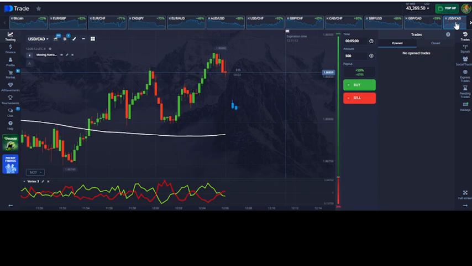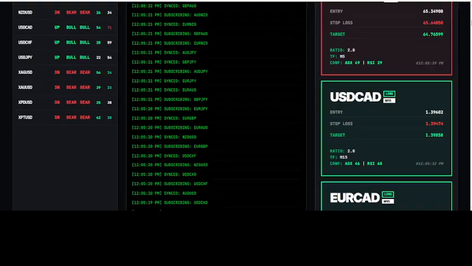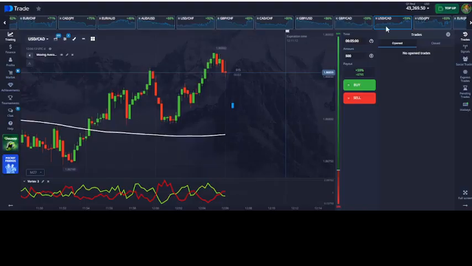Okay, there it goes, US dollar Canadian dollar. And it's giving us a 15-minute long here.